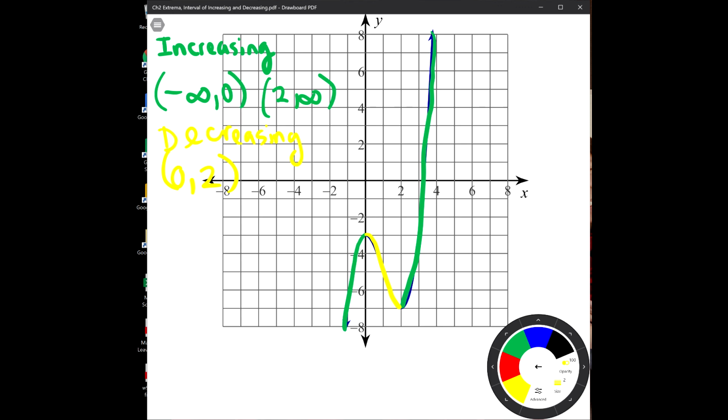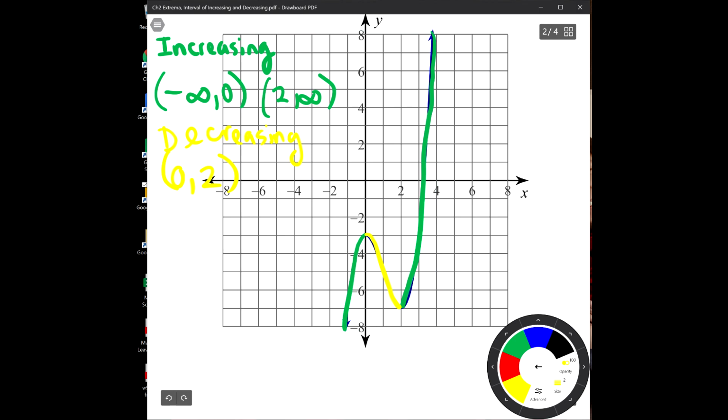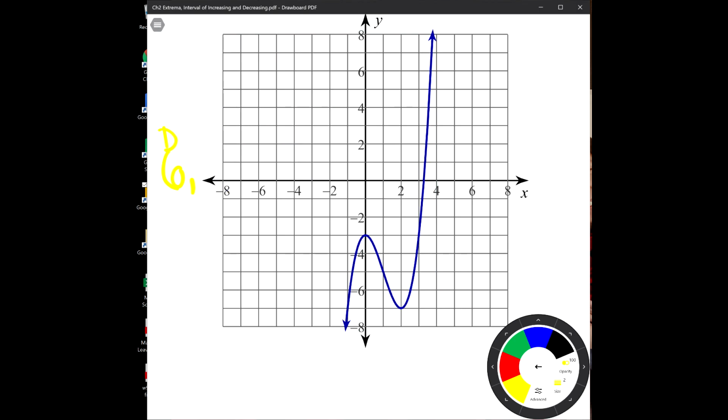All right, next we talk about concave up, concave down. So we see concave up is halfway from here and goes all the way up here. So the interval of concave up will be 1 to infinity.